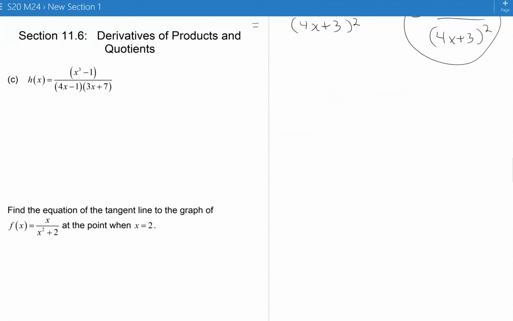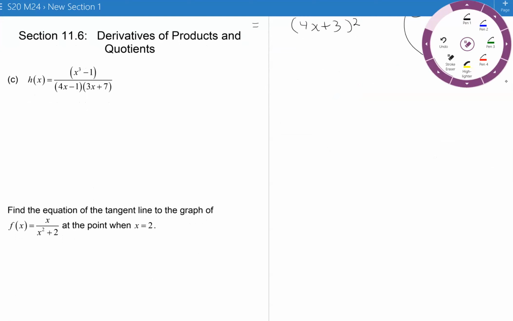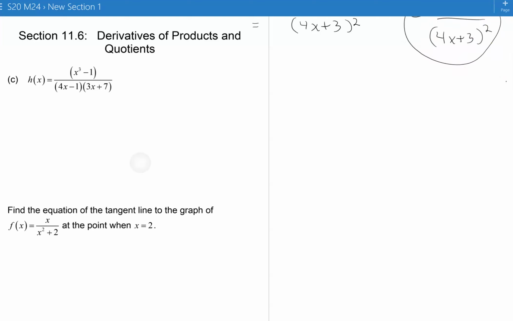Okay, then let's look at example C. And I'm going to show you the product rule way because that's what I wanted to demonstrate here. So the top function is u equals x cubed minus 1. Then the bottom function is 4x minus 1 times 3x plus 7.